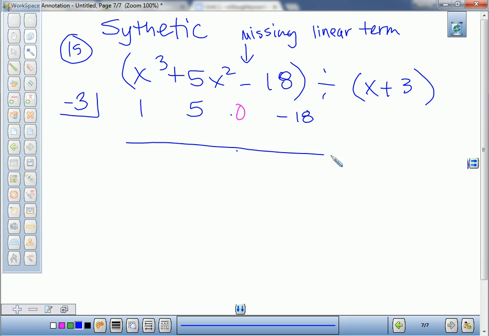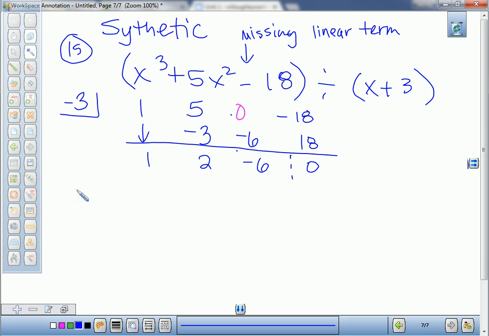Now we follow the steps. Every time, bring down the first one. Multiply, add. Multiply, add. Multiply, add. We got another 0.